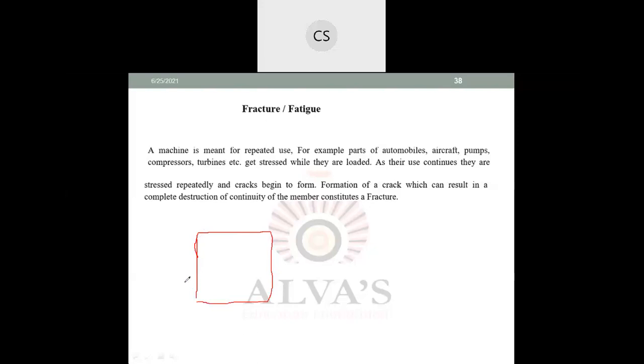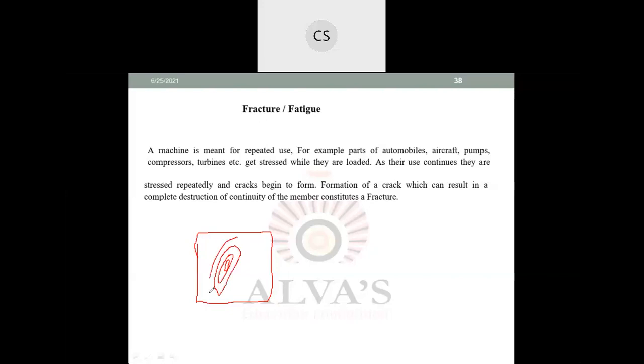So this is a block of material. When you subject this material to continuous stress, then inside the material a small crack develops. Slowly this crack becomes bigger and bigger.